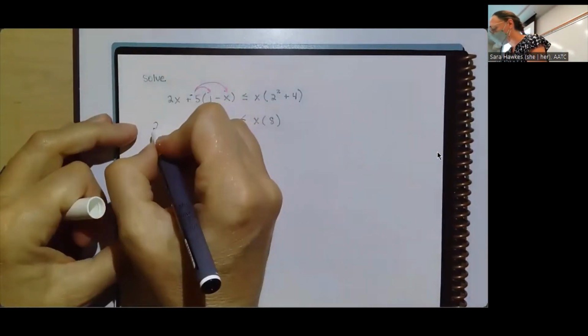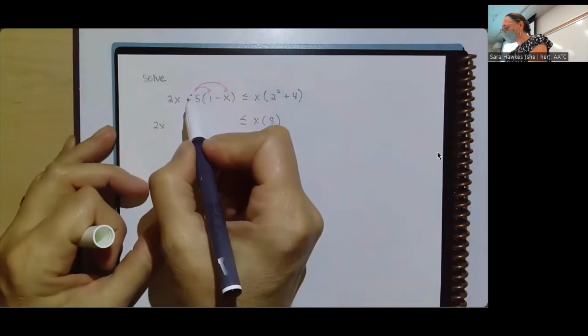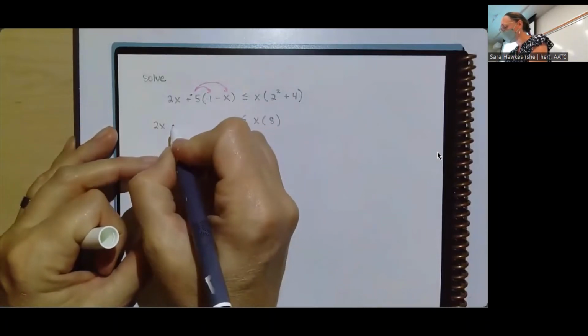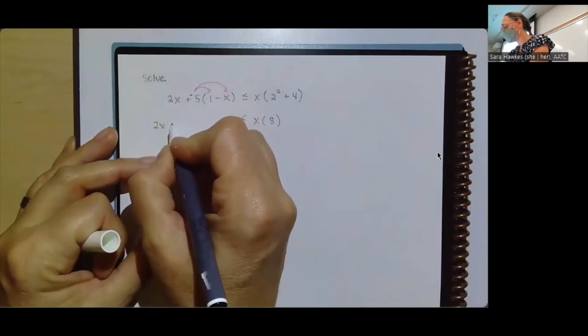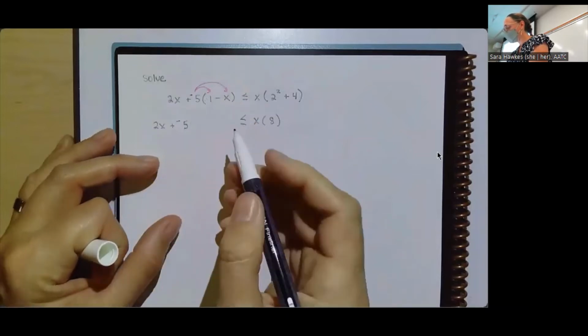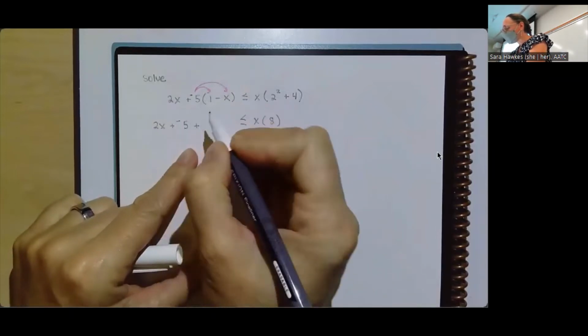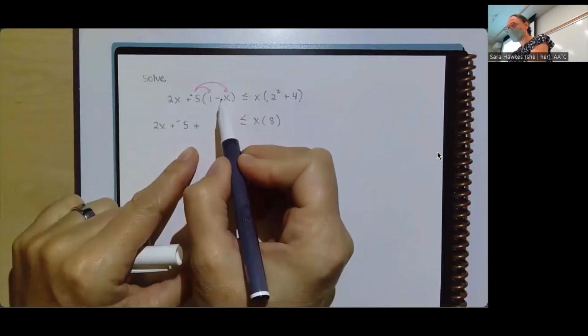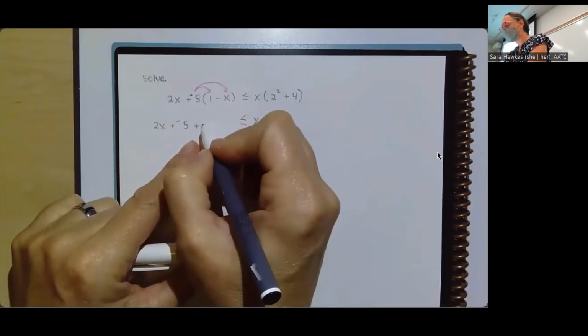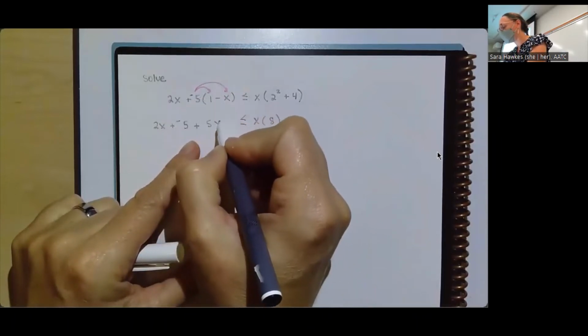So I've got 2x plus negative 5 times 1. So that's plus a negative 5, plus -5 times -x is going to make that a positive 5x.